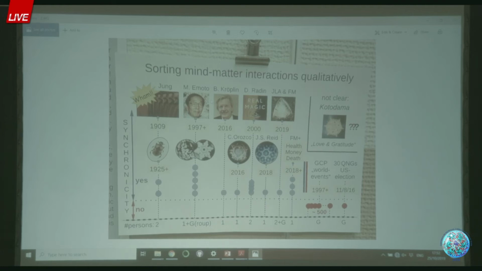They have observed 500 world events which disturb the random noise generators in their normal work. And this also is considered mind-matter interaction because it is highly significant, but according to our definition, it's not synchronicity. So do come and ask us at our poster.